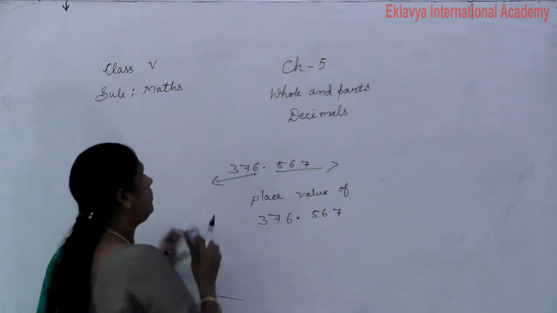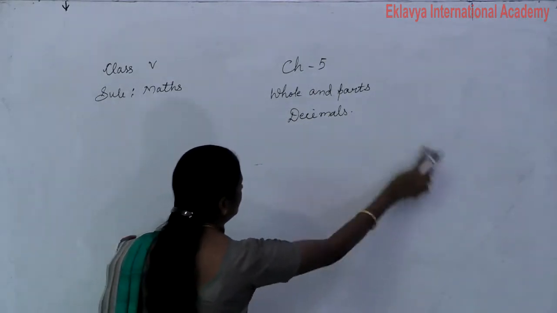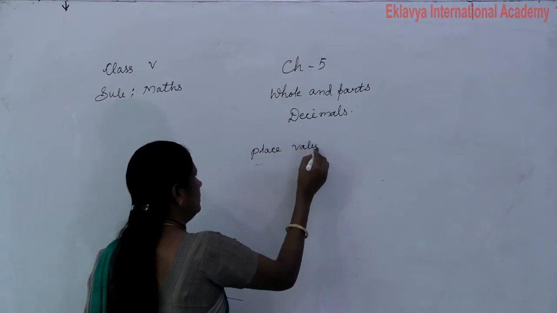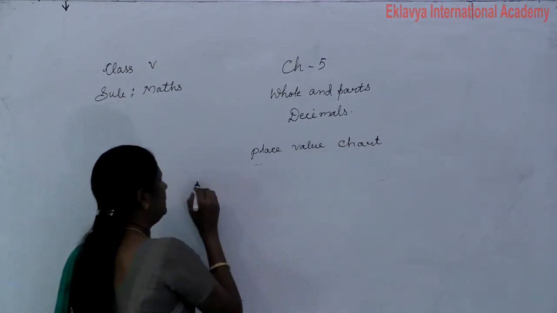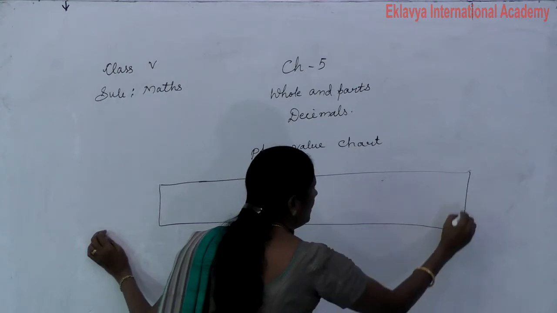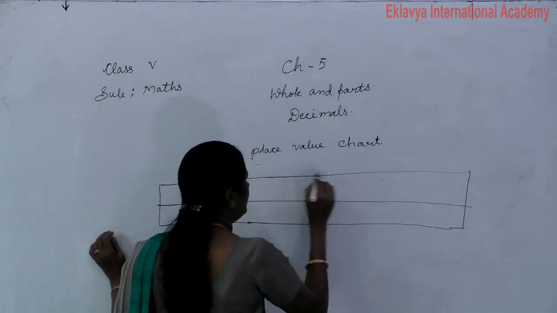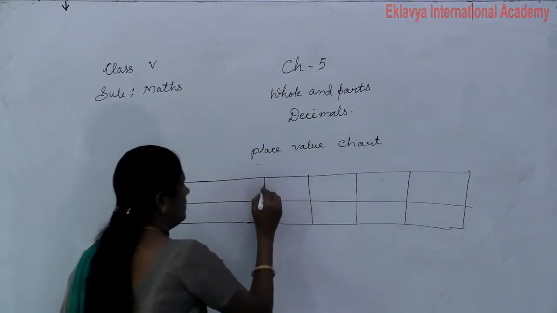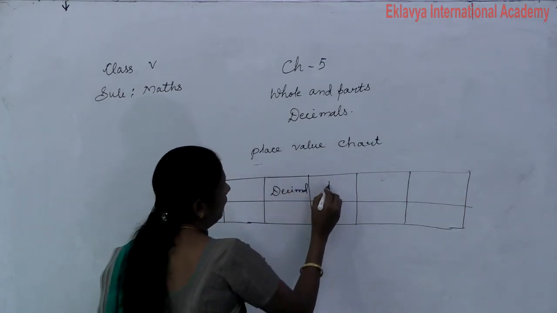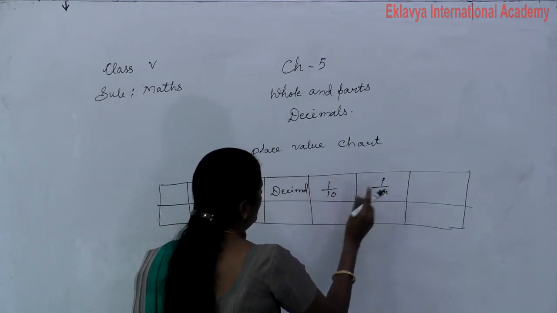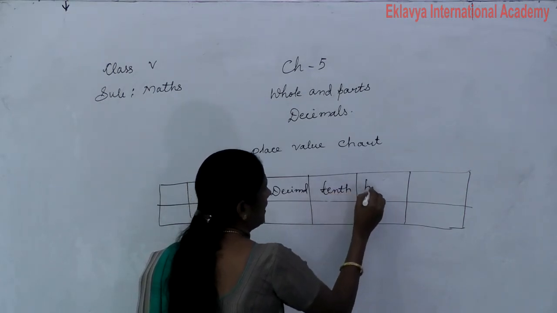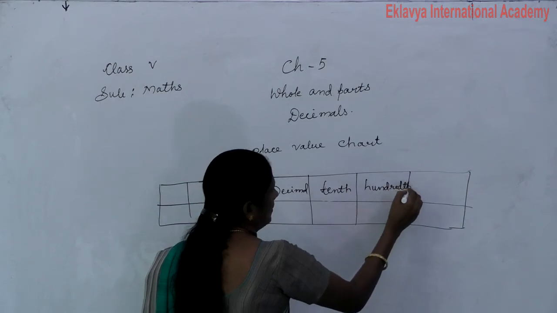First we draw the place value chart. First we draw the decimal point here, then 1 by 10, 1 by 100, that is the 10th place, here 100th, 1000th.